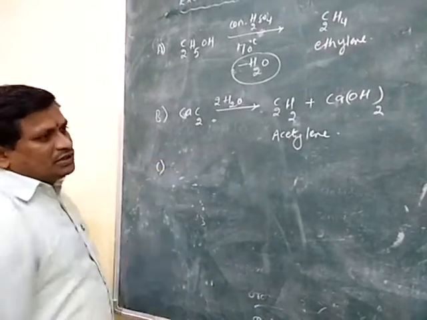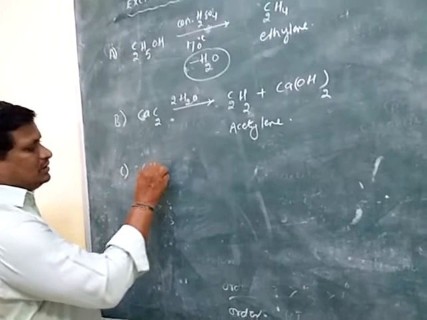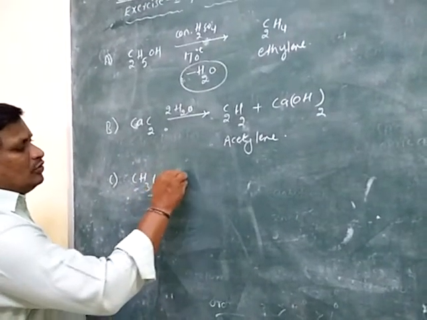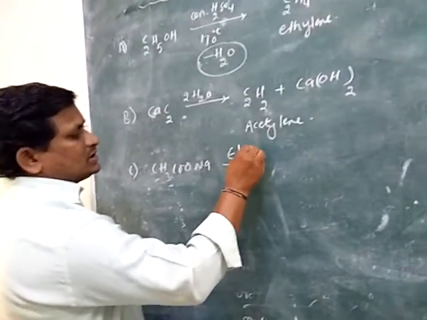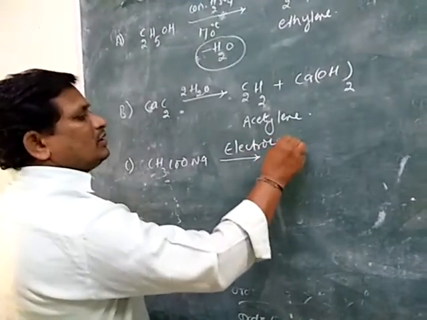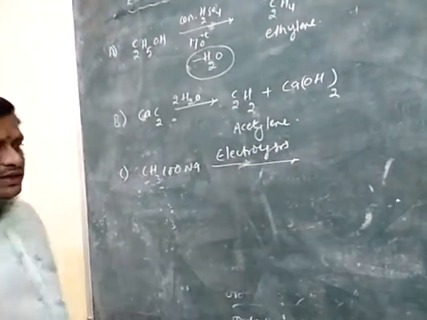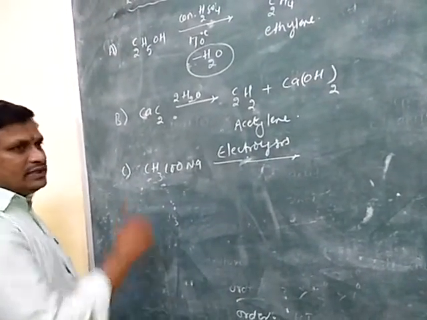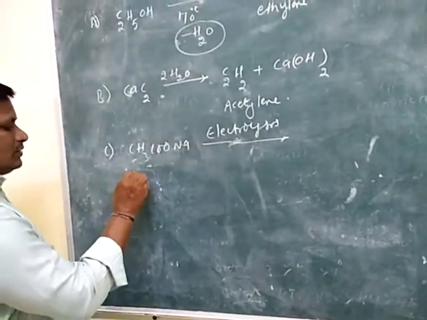So then option 3 is CH3COONa, sodium acetate. So it is an electrolysis process. Generally the electrolysis process is carried out in an electrolytic cell. So first it is the ionization of the electrolyte.